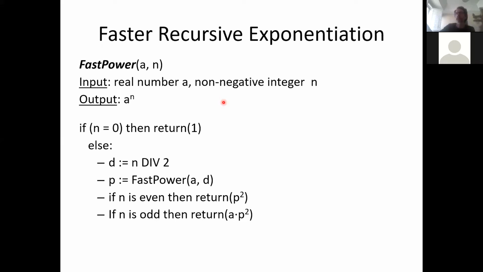If n is really large, then doing it linearly in n is going to be a bottleneck. Here is a modification of this algorithm, which goes from linear to logarithmic in terms of the number of multiplications.